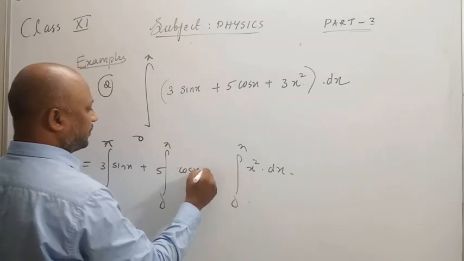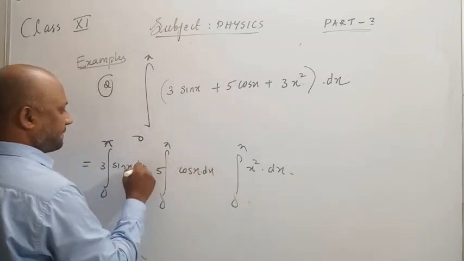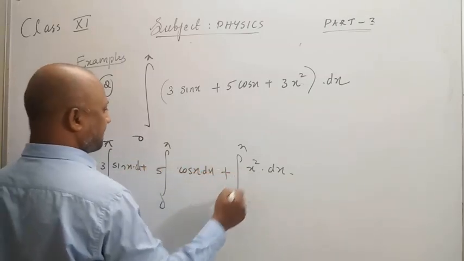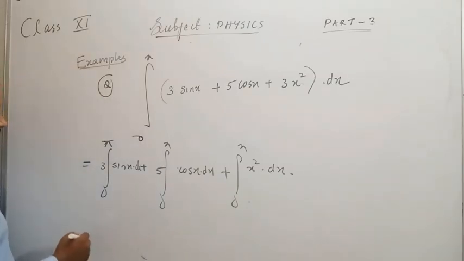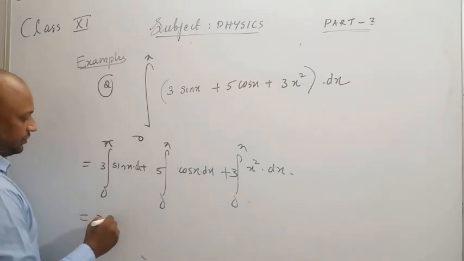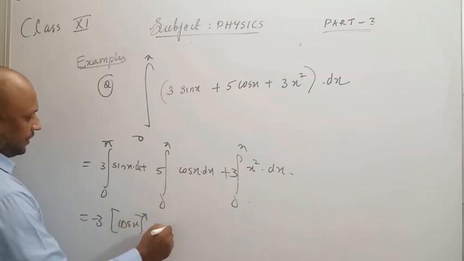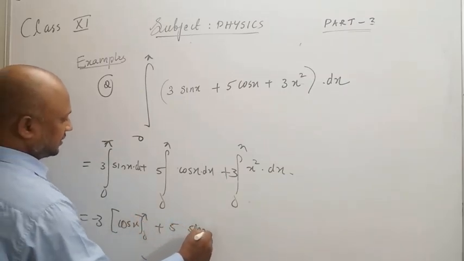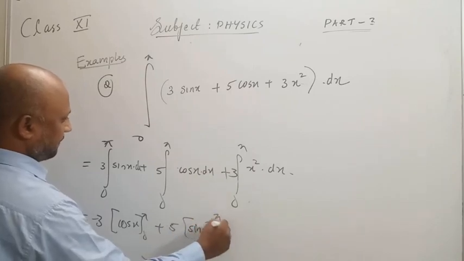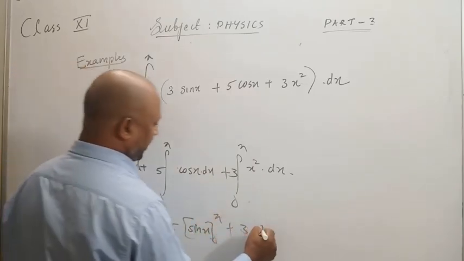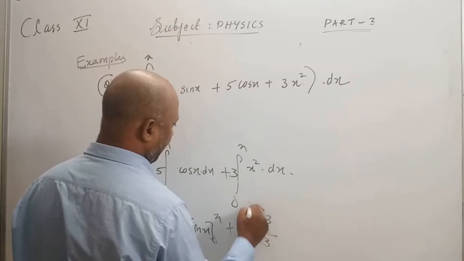And always you have to put dx in everything because that's simple anyway. So 3 into sin x is minus cos x. Cos x is sin x. Or x square is x cube upon 3.